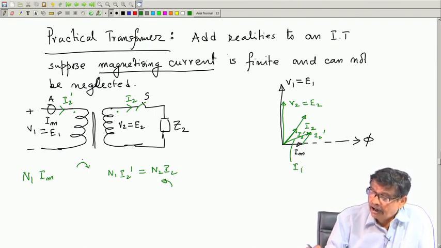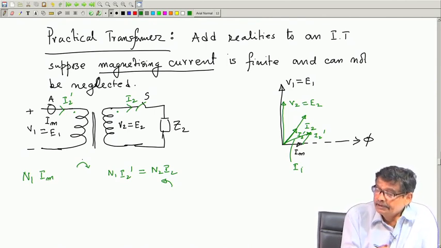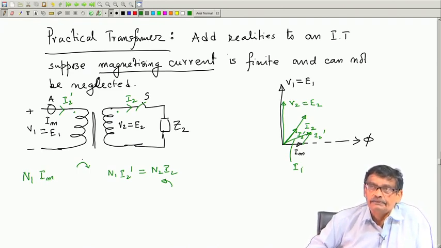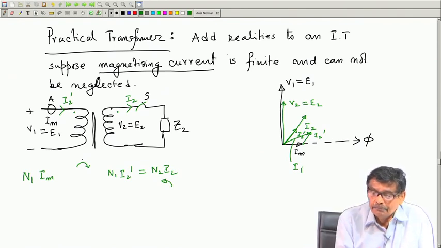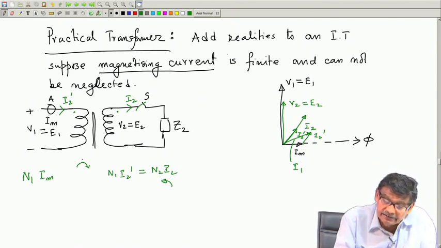So, there was I 2 dashed plus I m, you add and you get the primary current. This is a crucial point. Open the switch, the ammeter will read I m. Close the switch, the ammeter will read I m plus I 2 dashed, this plus this.